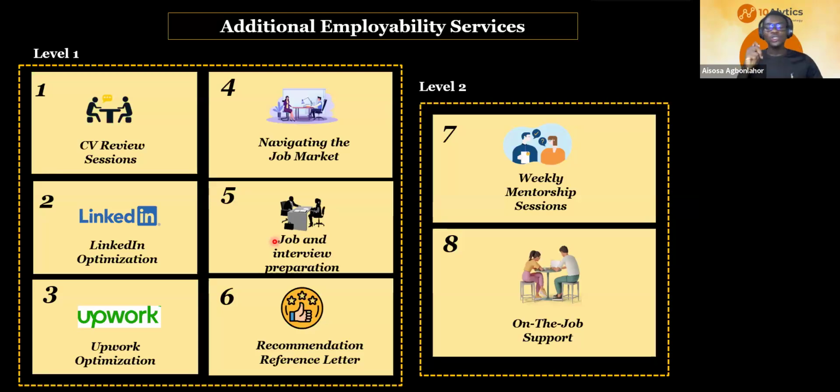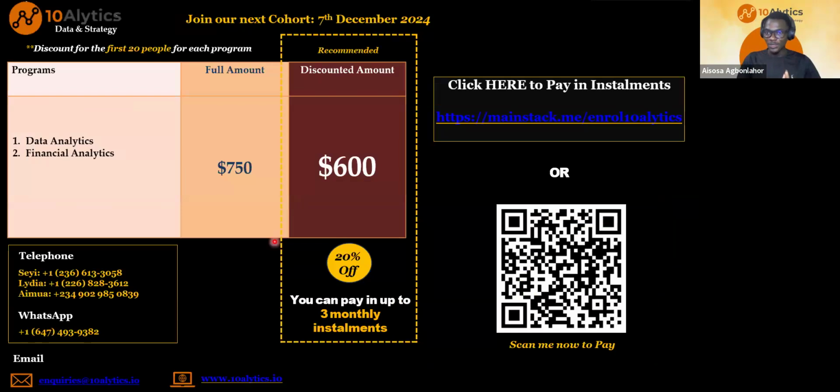Now, I mentioned that the next cohort is beginning December 7th, and for you to be a part of that cohort, you need to make a commitment. And what is the commitment? You need to register. The registration fee is $750. So for you to be a part of the program, that's the data analytics program or the financial analytics program, the amount you need to pay is $750.